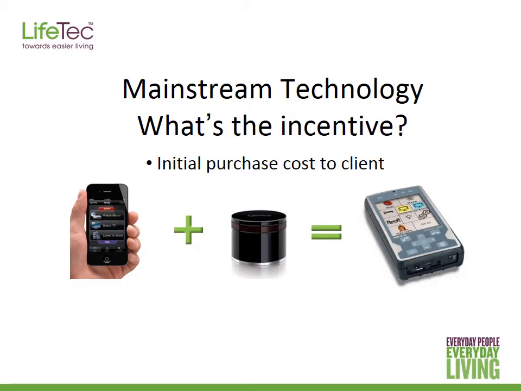So what is the incentive of mainstream technology? It's usually less expensive than purchasing purpose-built devices like speech-generating devices that have computer access inbuilt, or electronic magnifiers, or any of the purpose-built environmental control units, for example.